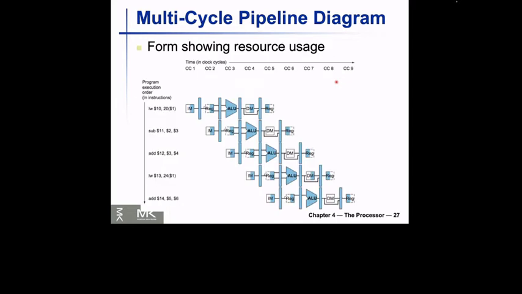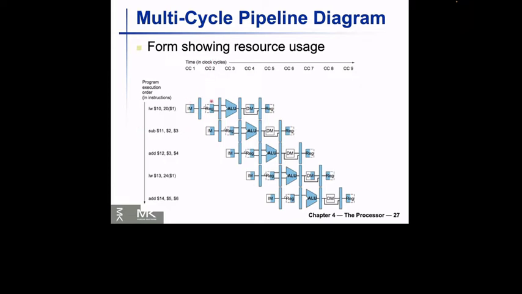So this shows, if we have these instructions at different clock cycles, which instruction uses each component. In the first clock cycle, the load word is in the instruction fetch stage, so it is using the instruction memory.